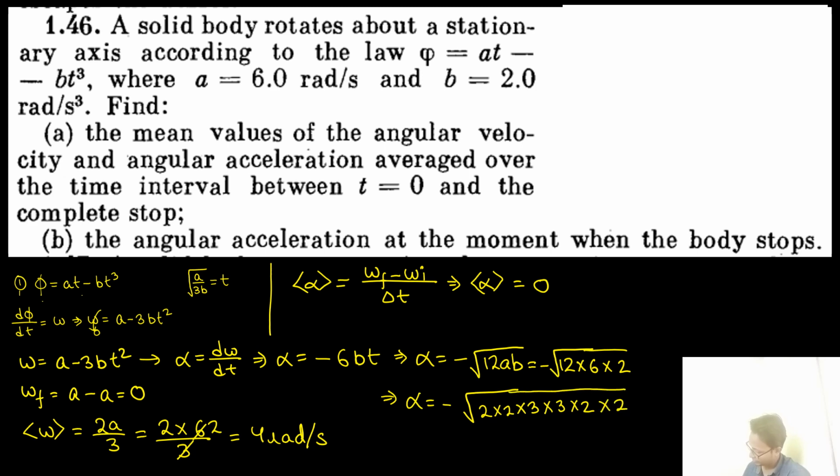So you get a perfect square. So 2 into 3 into 2, or alpha is equal to minus 2 into 3 into 2, or minus 12 radians per second square.